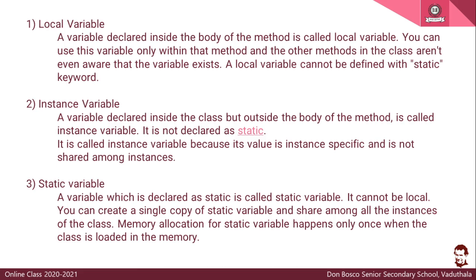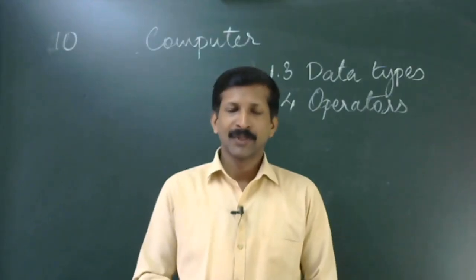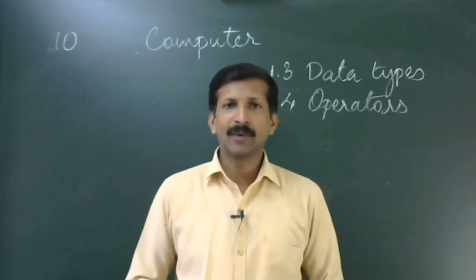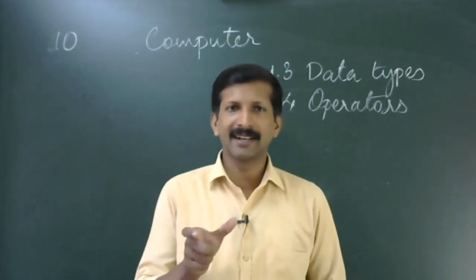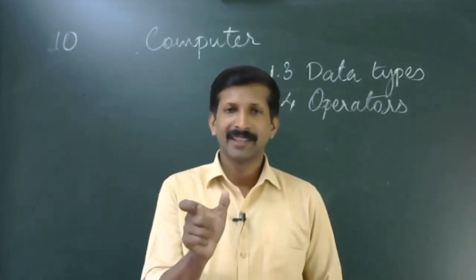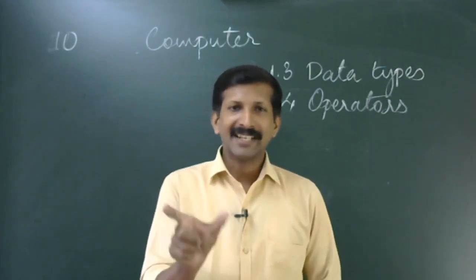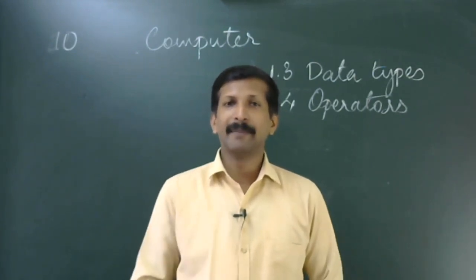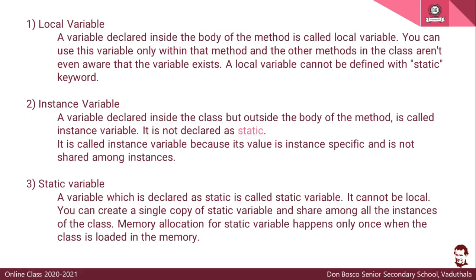It cannot be local, so we cannot declare it inside a scope, a function or an if statement. You create a single copy of the static variable and share it among all the instances of the class. What is the meaning? It shares a common memory space. While we create one static variable inside a class, remember this word: it will share one common memory space for different objects.